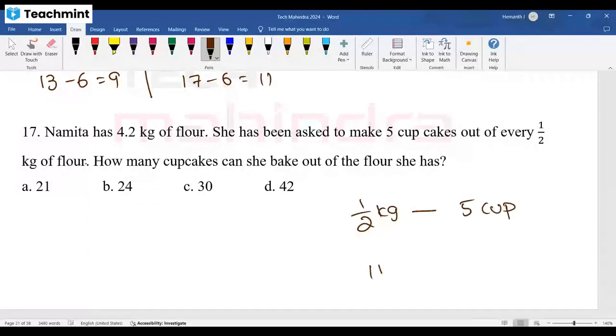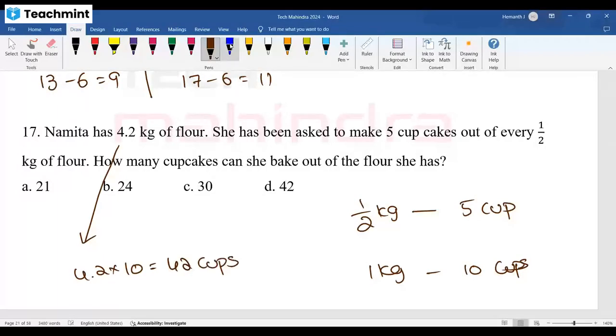So for 1 kg, you are getting 10 cupcakes. If it is 4.2 kgs, 4.2 into 10, 42 cupcakes, obviously. This is straightforward simplification-related stuff. 42 should be your answer. 5 cupcakes from half kg, so 1 kg, 10 cupcakes. 4.2 kgs means 4.2 into 10, 42 cupcakes will be made.